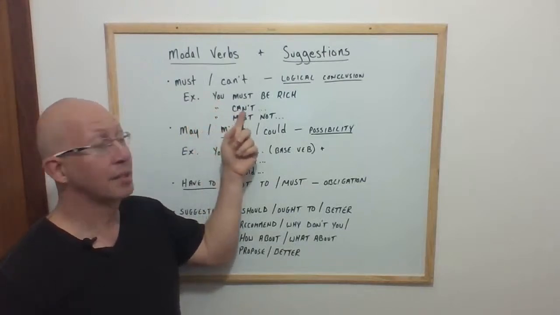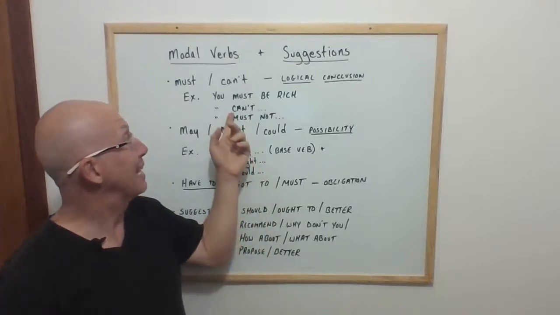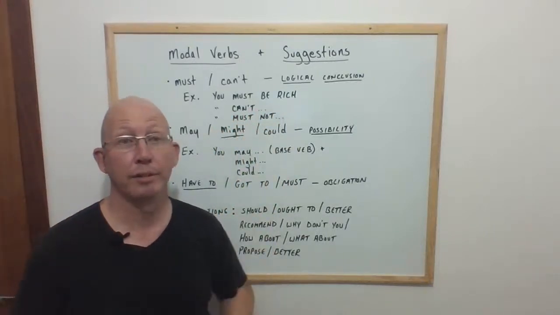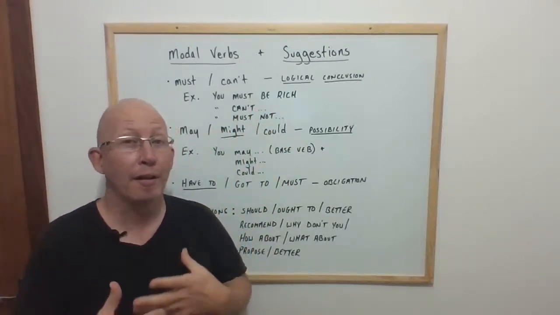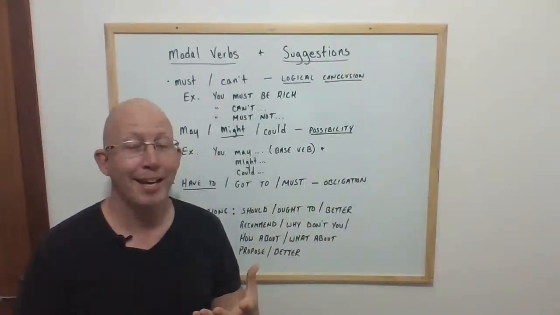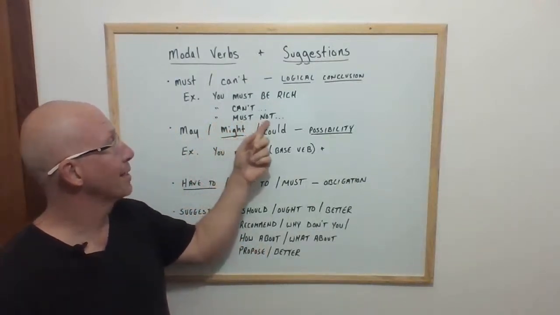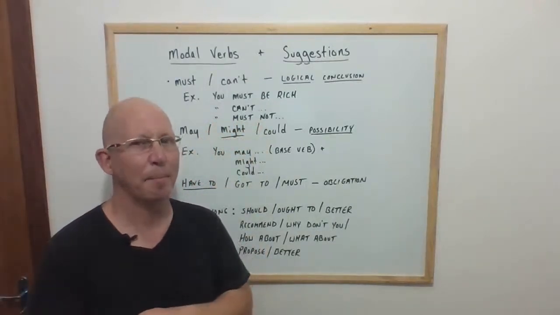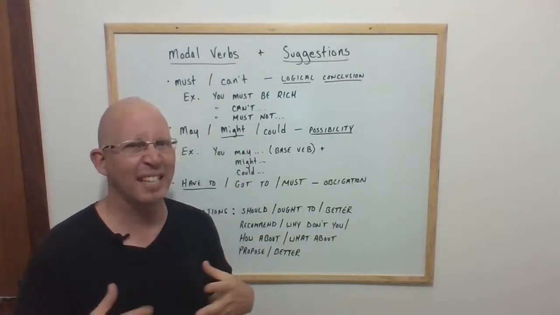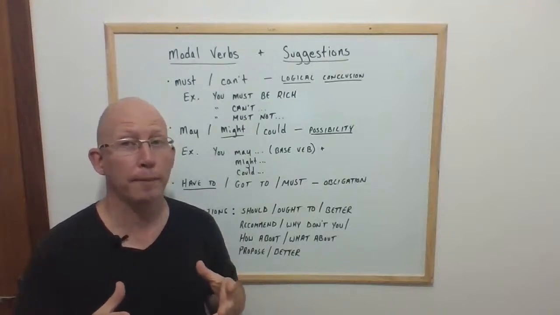I would use the subject, then can't, the modal verb: he can't be rich, meaning that you believe it's true that I don't have money, okay? That's how we use it. We could also say must not. He must not be rich. It would be the same as saying can't, as a logical conclusion.